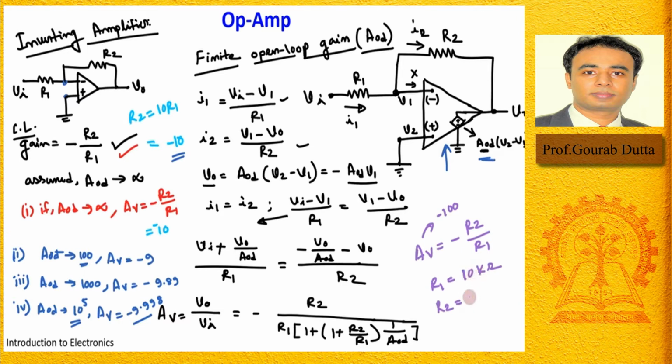So that way the value of R2 will become 1 mega ohm, and you can see that this resistance is quite high, right? So if you want to use this inverting amplifier to amplify a particular signal 100 times, right, then it is quite difficult to implement that, right?